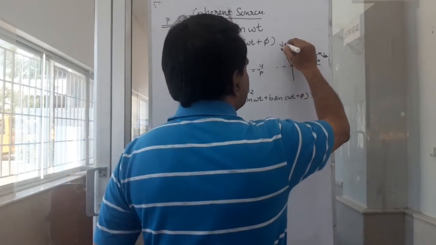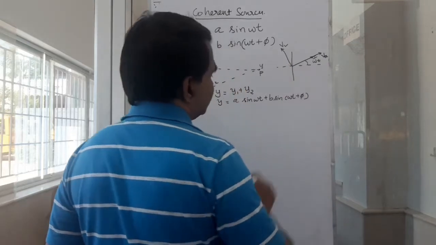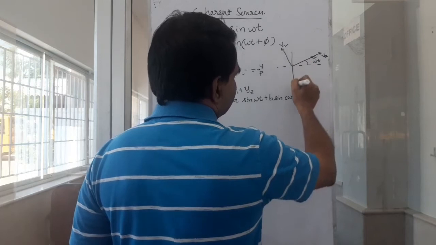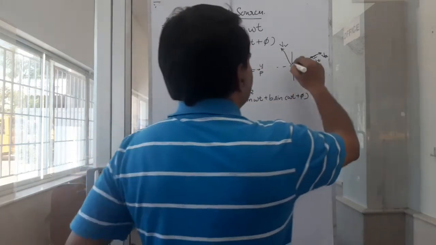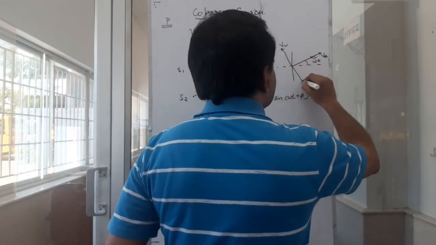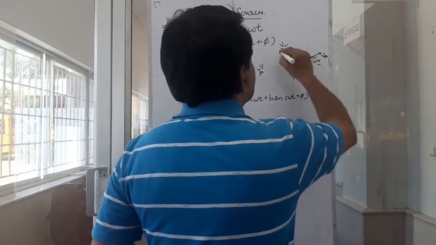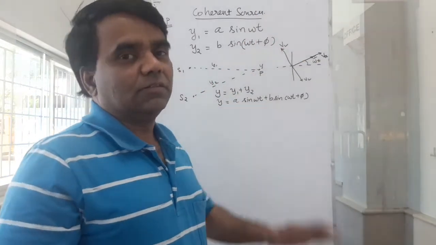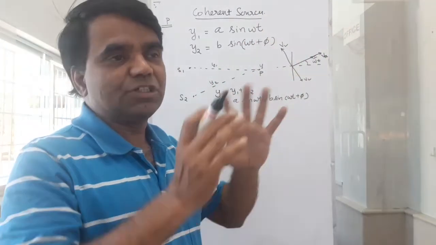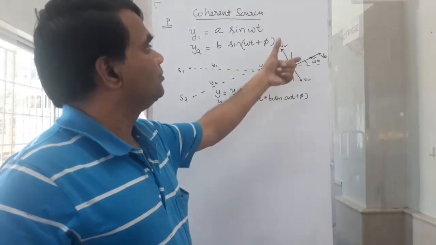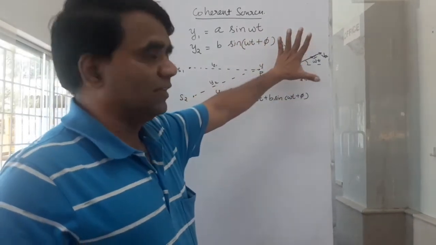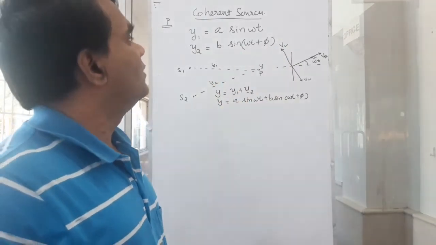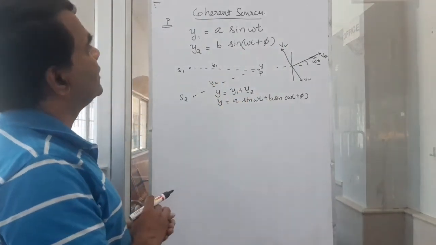This was VL, and another, VC was somewhere here. So you see it. Then I added them kind of vectorially to get to the final voltage, which is the supply voltage, right? So that is how we did it in the case of alternating current.